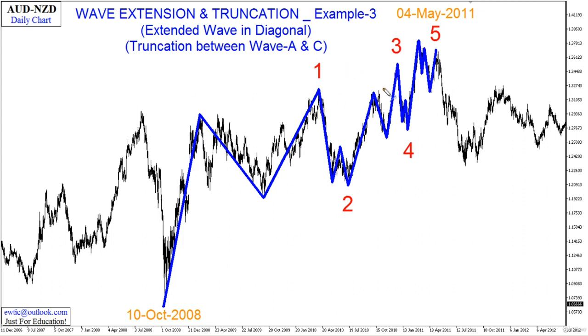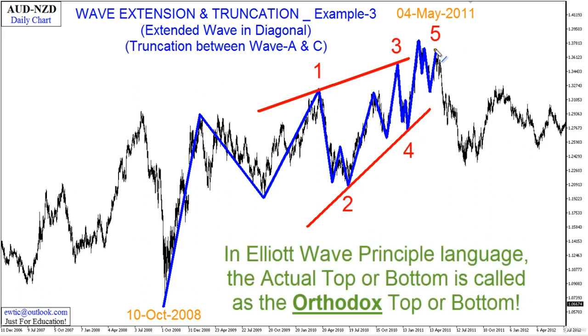So this is an ending diagonal, the diagonal of 3, 3, 3, 3, 3 variety, right? And if we draw the lines, this is the trend line that connects the extreme point of wave 1 and wave 3 of the diagonal, and this is the trend line that connects the extreme point of wave 2 and wave 4 of the diagonal, and this is the actual top, this is the actual extreme point of this ending diagonal, not this one, right?